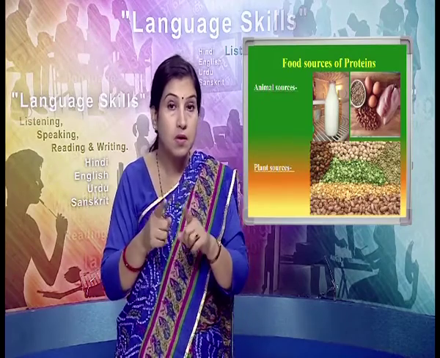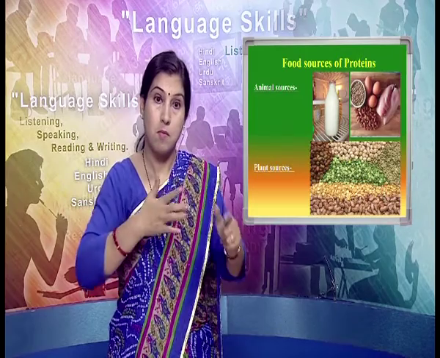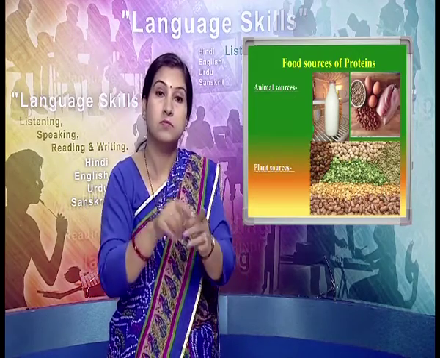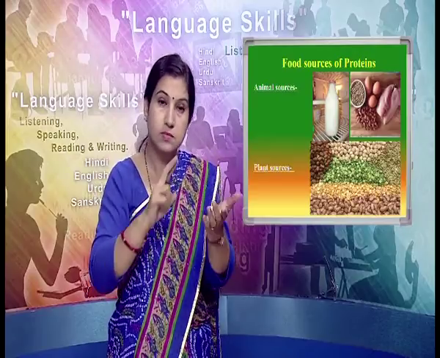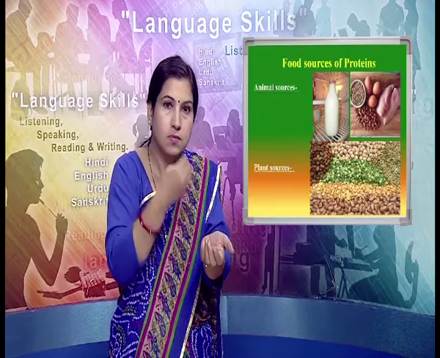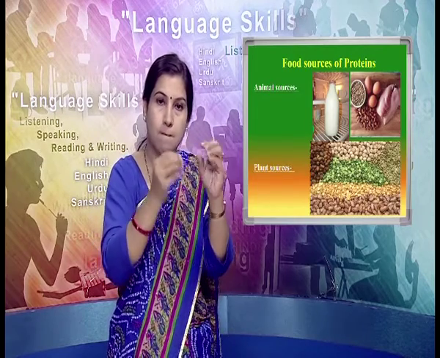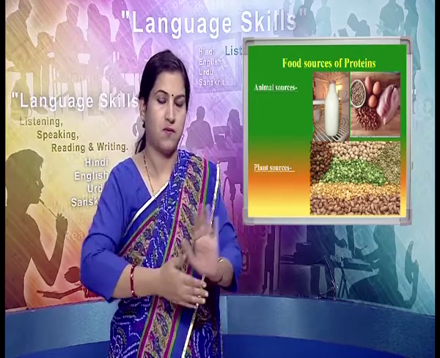But certain proteins are also available from plant sources like cereals, pulses, nuts, groundnuts, soya bean, and some vegetables. Proteins are composed of very small units called amino acids.